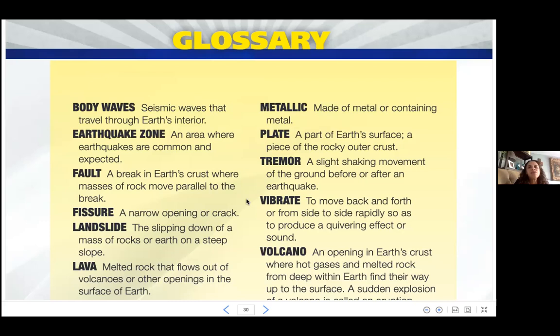Even though the author thought that these words might be fit for the glossary, our students might have some extra words that they feel they need a glossary for. It's very helpful for students to create their own personal glossary. Perhaps that word boundaries, which wasn't in boldface, could go into their own personal glossary. Fissures could go into their own personal glossaries. And any other word, regardless of how simple or difficult we might think it is, can go there. A glossary is for them, to help and assist them in their learning. Okay. All right.